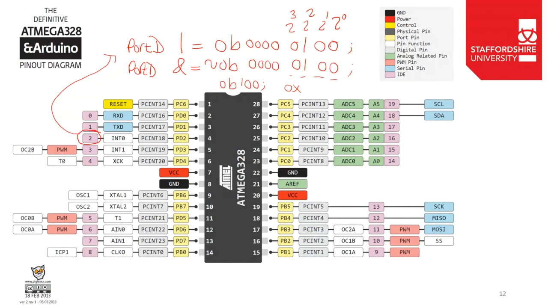So it's 4 in hex because it's 2 to the power of 2. That would obviously be in binary, and then you could convert it into hexadecimal afterwards.